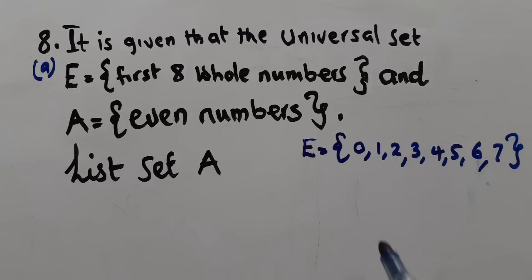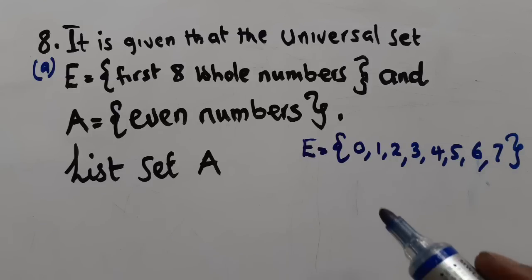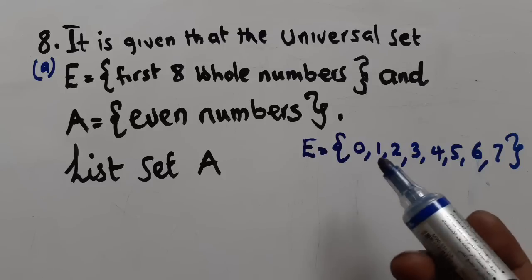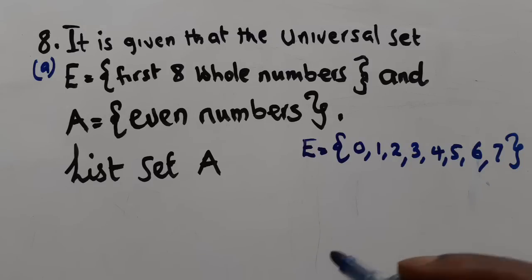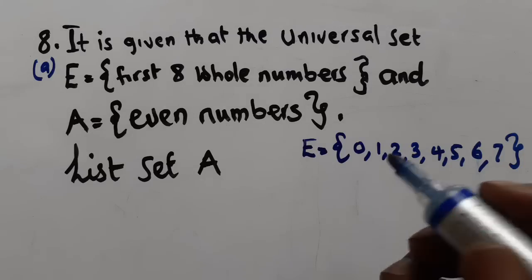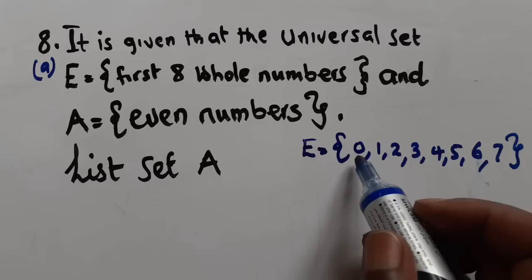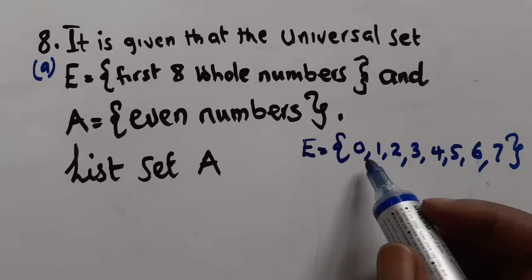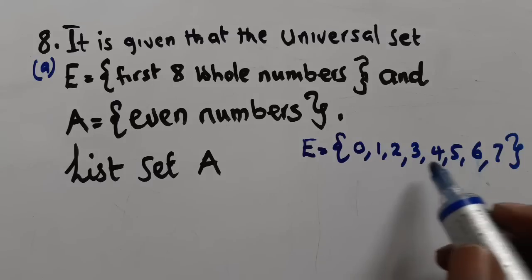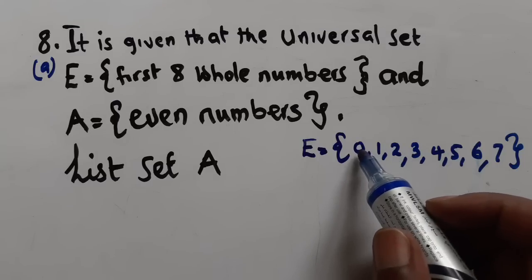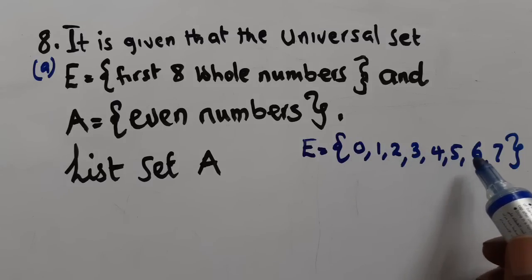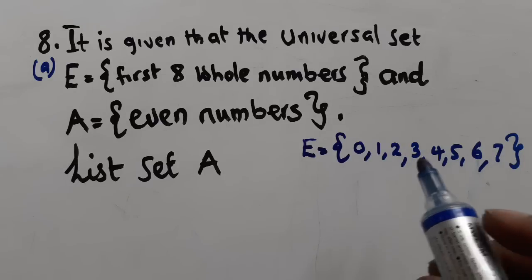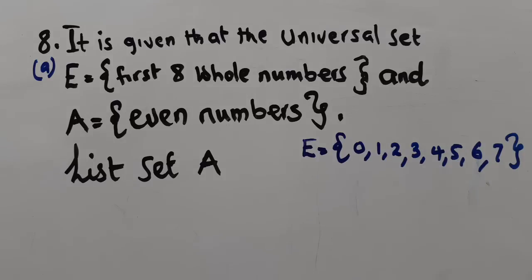These whole numbers are the numbers starting from 0 up to infinity. Sometimes we say they are counting numbers including 0. You can count them just to be sure: 1, 2, 3, 4, 5, 6, 7, 8. Natural numbers, we start from 1.